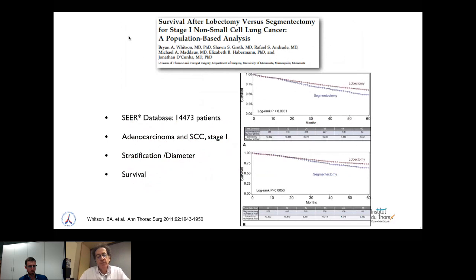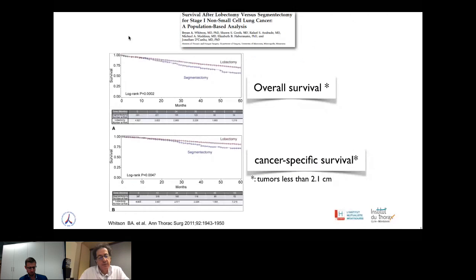And this was true even for tumors less than 2 centimeters. So the recommendation of this study was to keep with lobectomy, which was still considered the gold standard. This was just a couple of years ago.